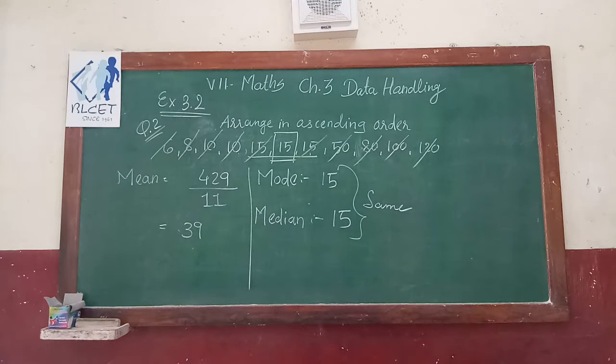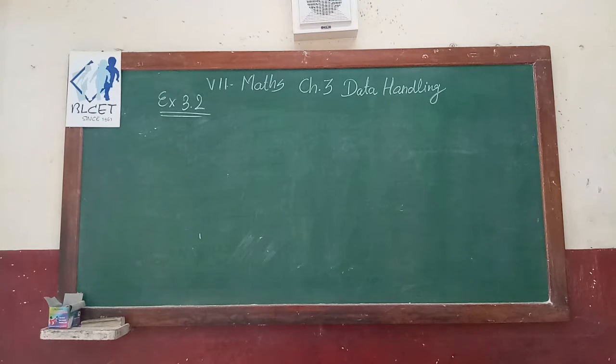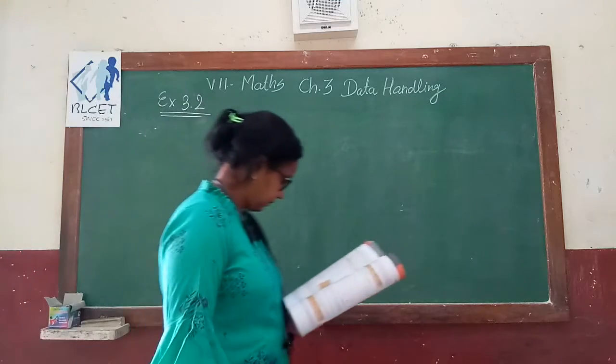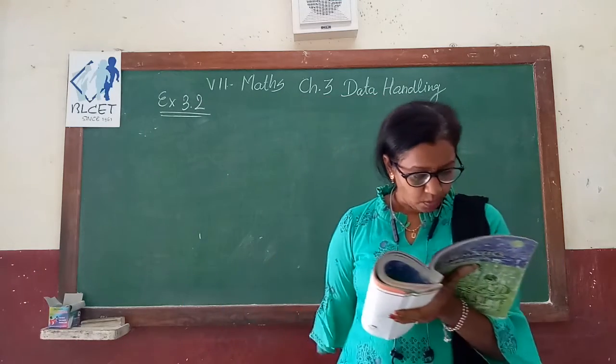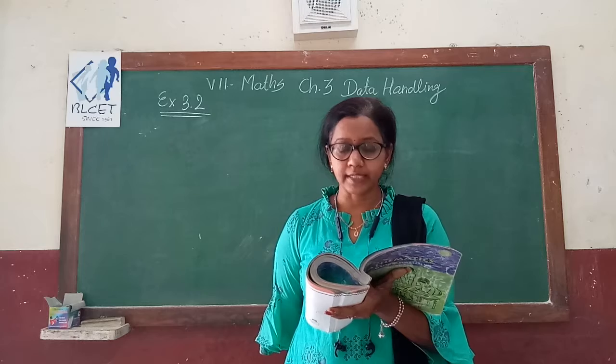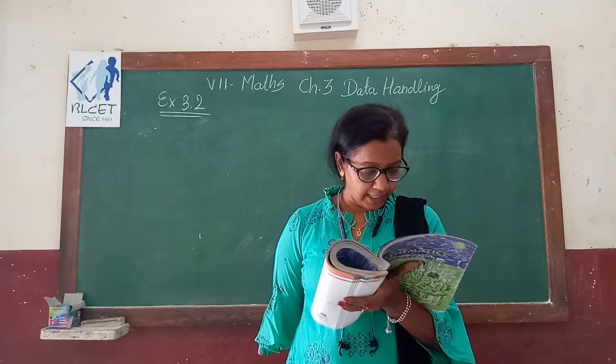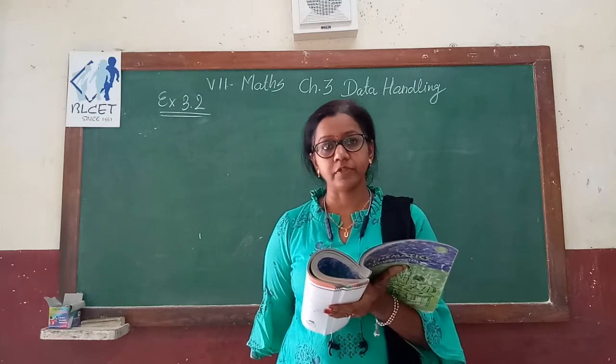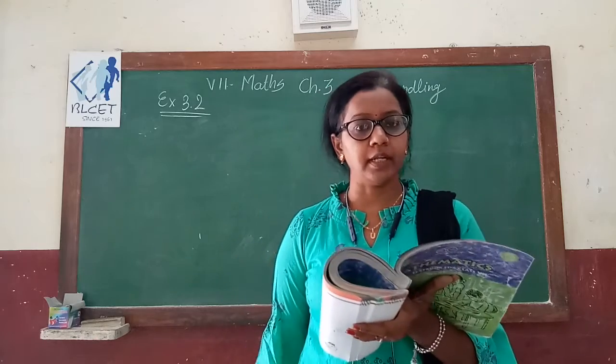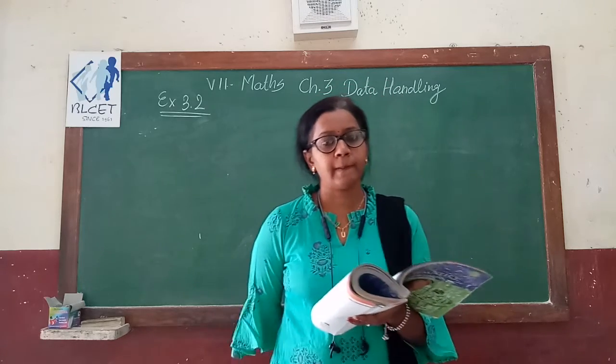Question number 3, students, try to do it by yourself. What is given? The weights of 15 students are given and you have to find the mode and median of this data. Whenever you want to find the mode and median, first of all what do you have to do?